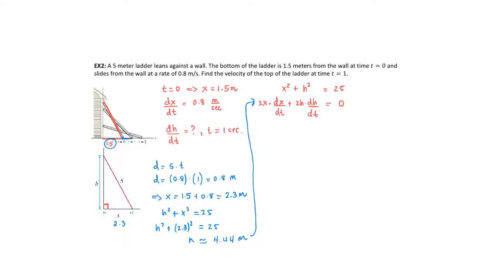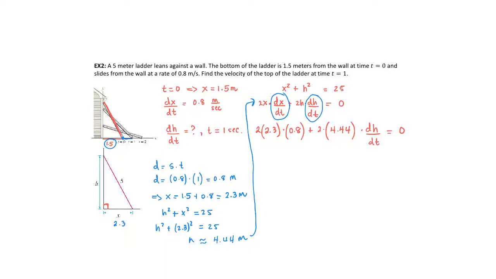Since I already found the derivative, I already differentiated my equation, I am ready to substitute the values of x and h. In other words, I will have 2 times x, which is 2.3, times dx/dt, the constant speed of the bottom of the ladder, plus 2 times h, which we just found is 4.44, times the unknown rate of change, dh/dt.